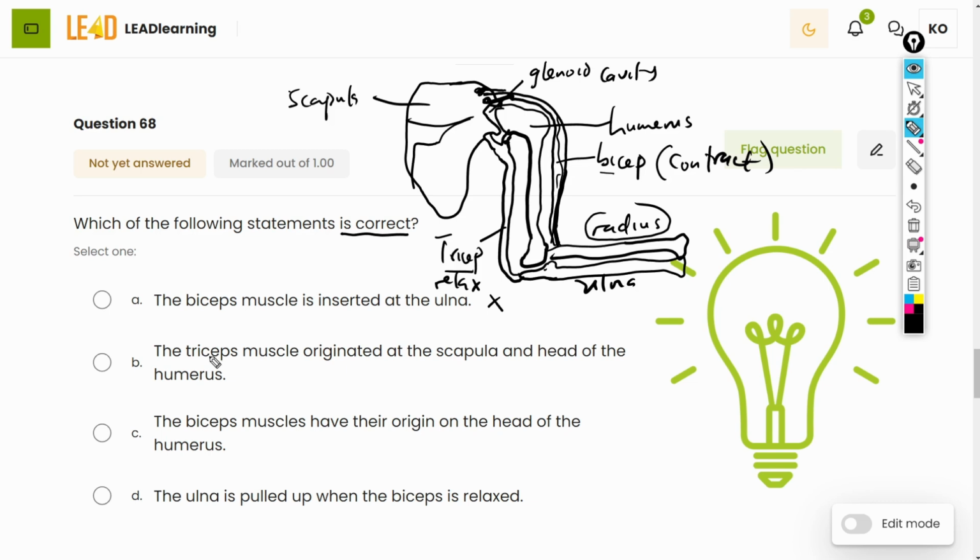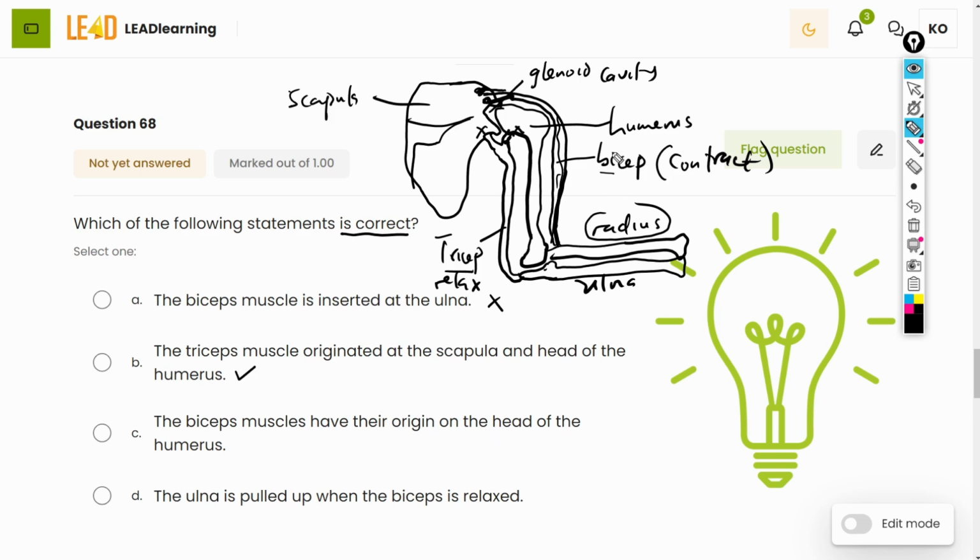Option B, the tricep muscle originated at the scapula and head of the humerus. This is a tricep. We can see it originating from the scapula here and also originating from the head of the humerus here. So this option is correct. But let's look at options C and D. The bicep muscles have their origin on the head of the humerus.